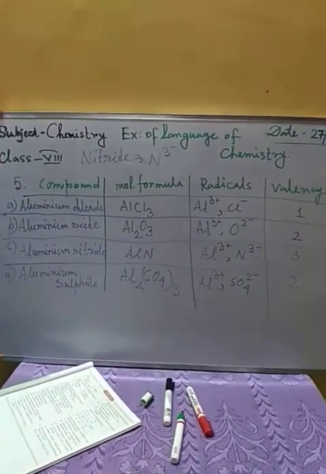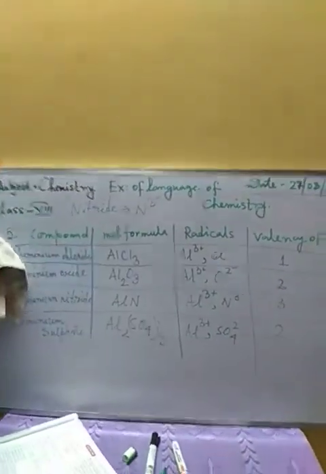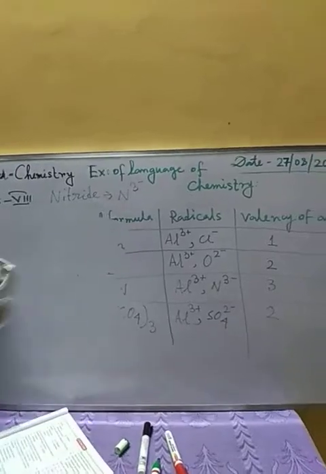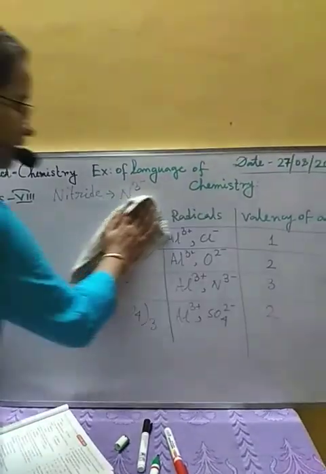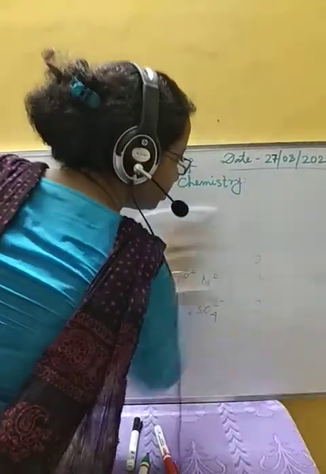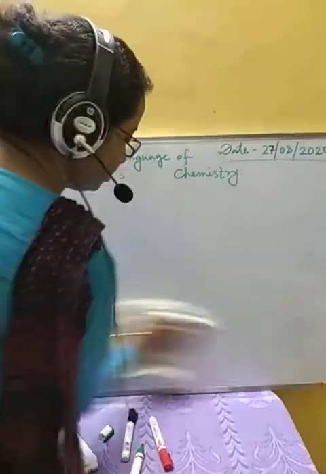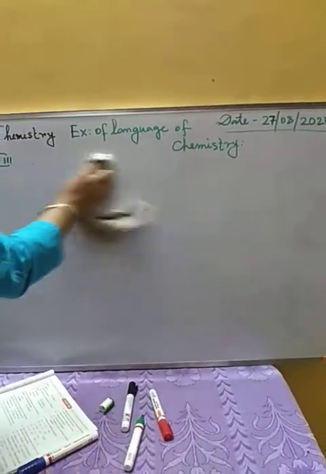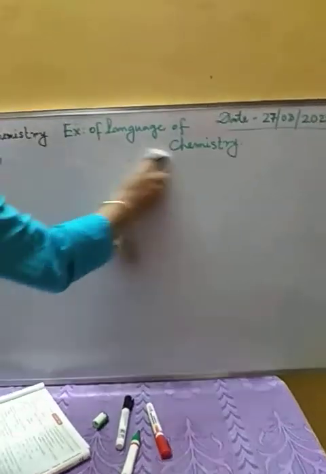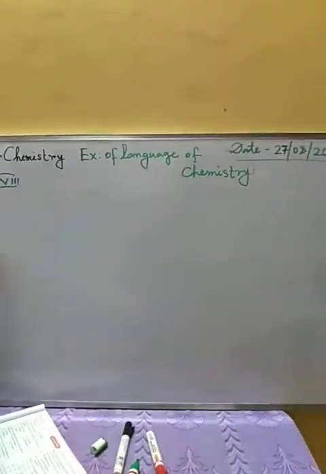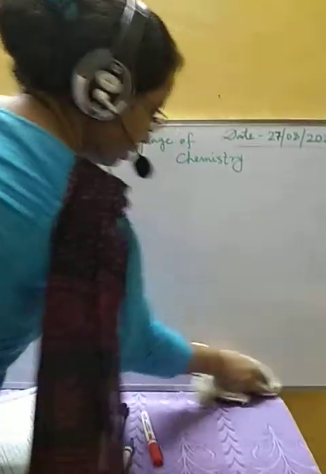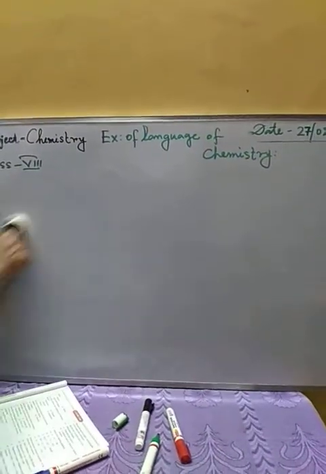Next question, question number 6, that is variable valency. The definitions you will get in the book, so you have to read the book thoroughly, line by line.